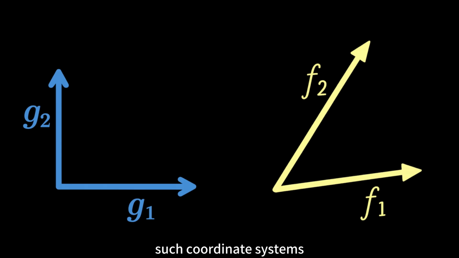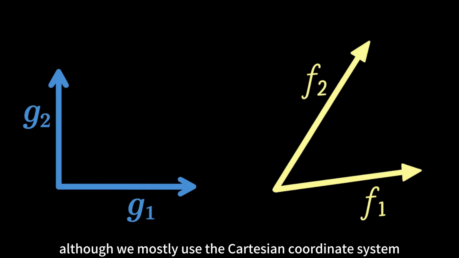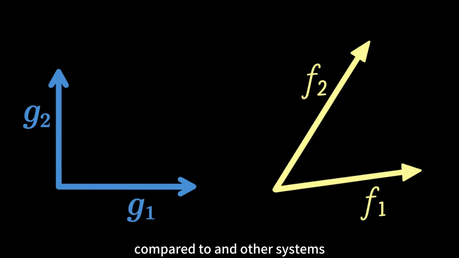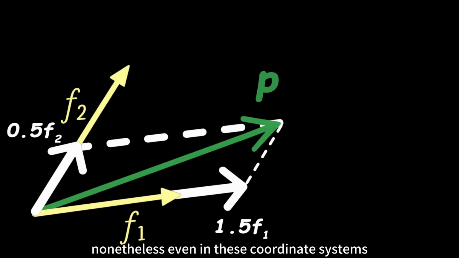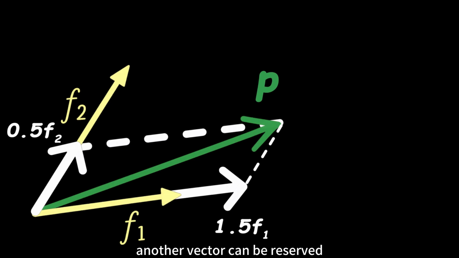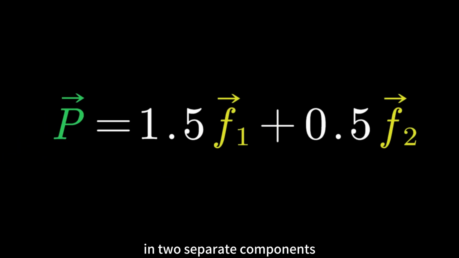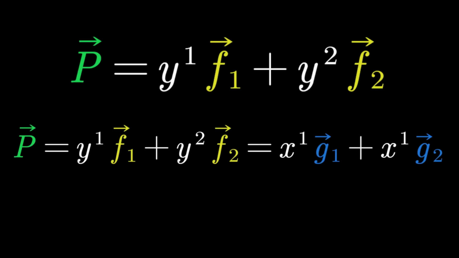Such coordinate systems may have axes of unequal length and axes that are not orthogonal. Although we mostly use the Cartesian coordinate system compared to other systems, nonetheless, even in these coordinate systems, a vector can be resolved into two separate components.